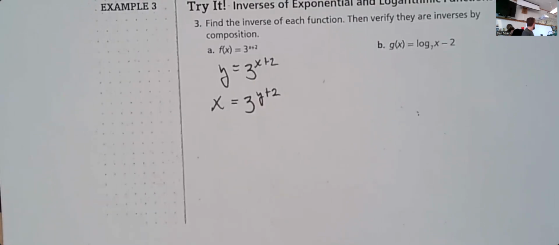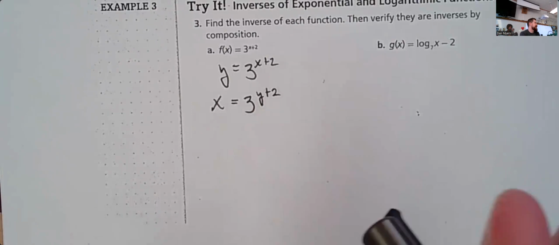All right. So switch the x's and the y's, which we did. But now we have to solve for y. And in order to solve for y, we have to use logarithmic form as opposed to exponential form. So what is our next move? Actually, our next move is to write it in logarithmic form.